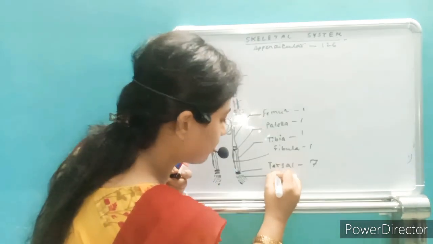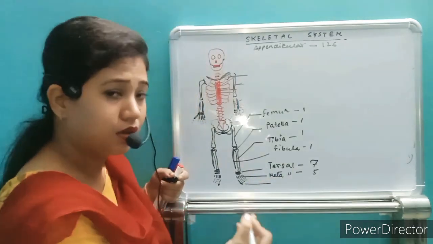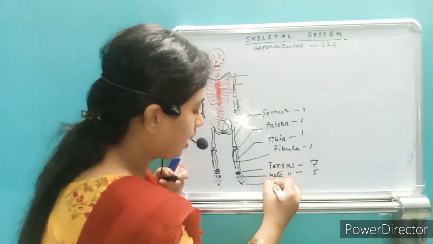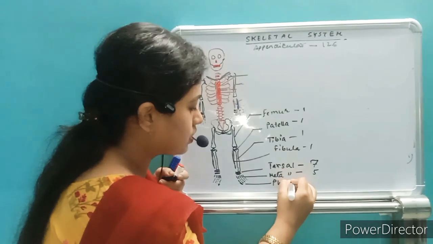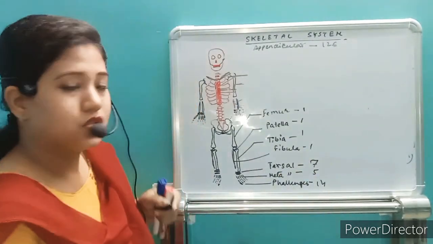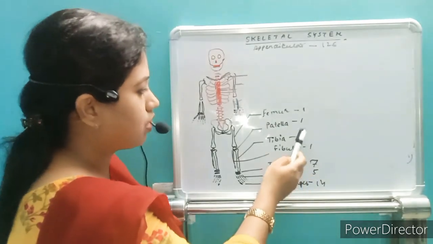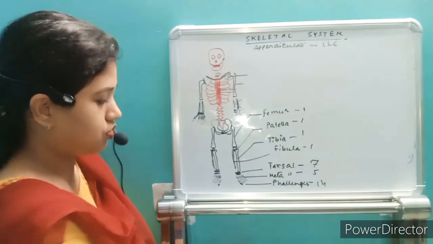Here also, metatarsals, we have 5 metatarsals. Then, similar to the hands, we have 14 phalanges. So in total, you can count: 14, 5, 7, 1, 1, 1, 1. We have 30 bones, right?